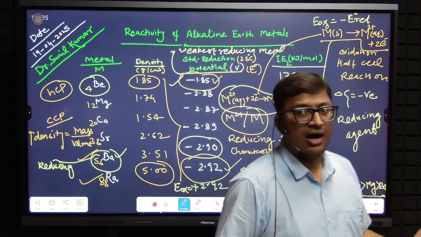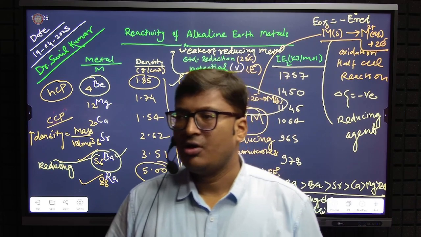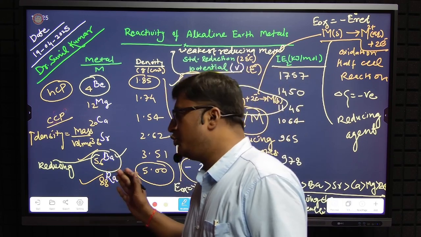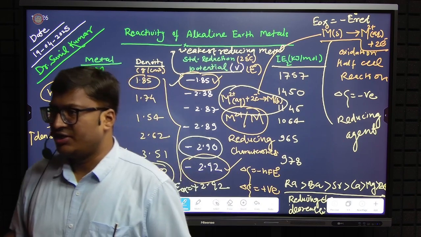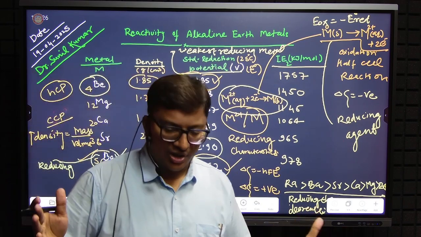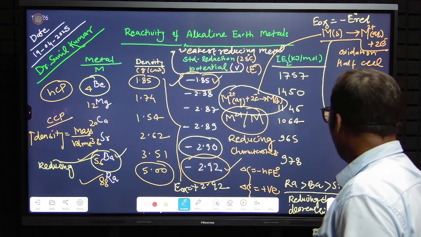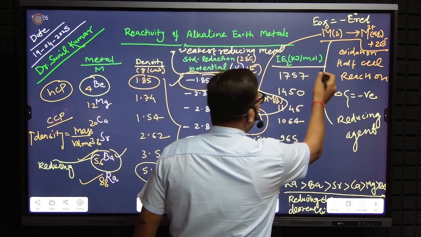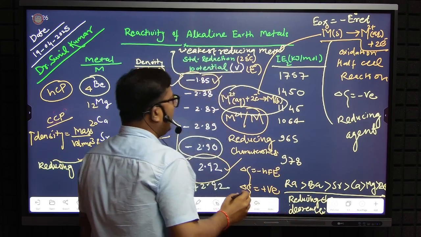Since all of you know that because of the +2 oxidation state of all alkaline earth metals, they possess two types of ionization energy. The complete ionization energy is because of the second ionization energy. So here we have shown the second ionization energy, that is IE2 in kilojoule per mole. What does this value actually indicate?